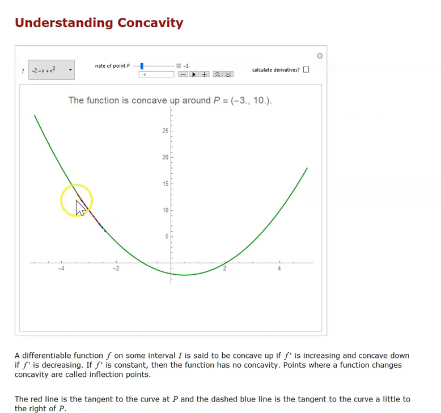As these slopes become more and more flat, closer to the horizontal, their slope is actually increasing because we're going from a more negative value to a less negative value. So let's continue on. We can see how the slope of the blue line segment is less negative than the slope of the red line segment.